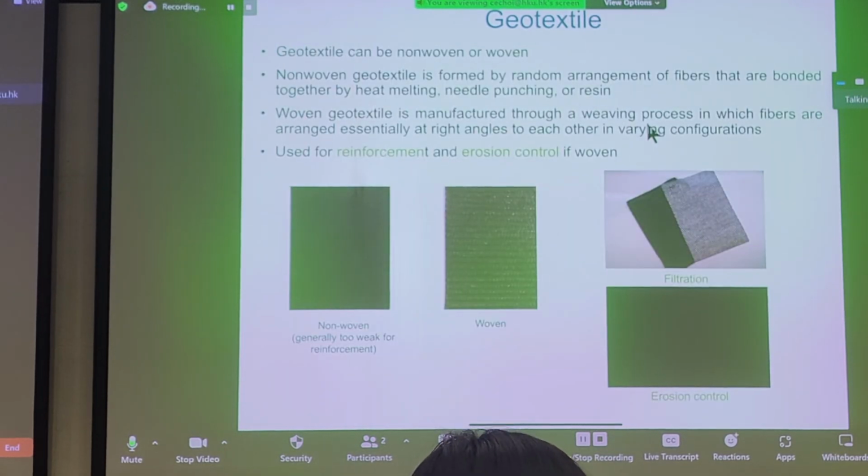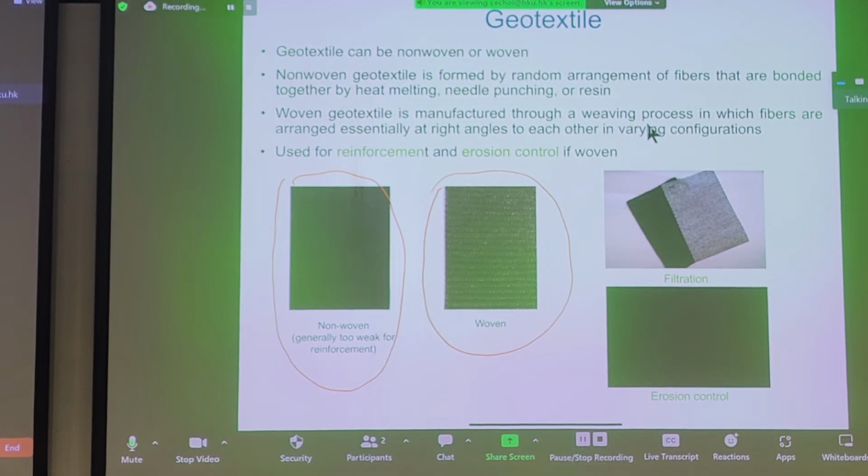The next type of geosynthetic is called a geotextile, and what I mean by non-woven and woven is, if it's woven, it's like a yarn shirt. You can see the patterns almost as if you're weaving yourself. If it's non-woven, it's probably just heat pressed, a bunch of fibers together.